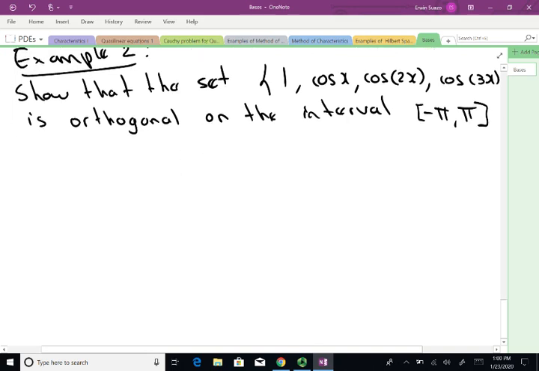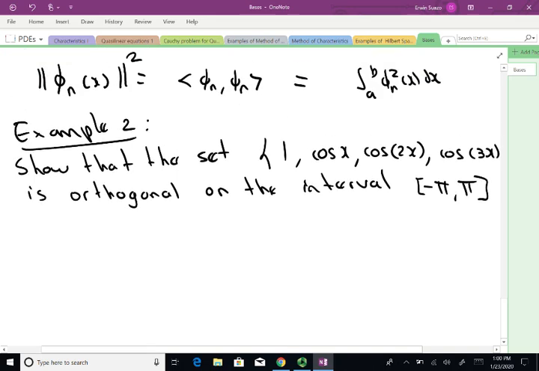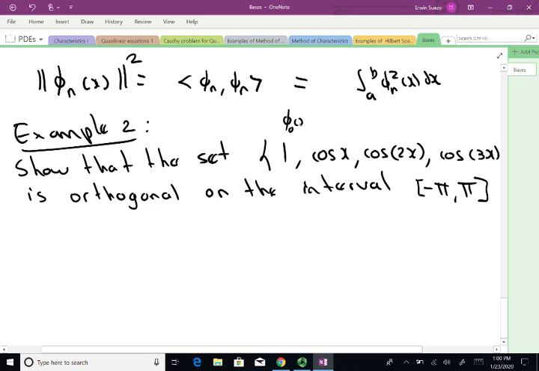Okay, so we have to do cases. Case 1. This is phi 0 of x, this is phi 1 of x, phi 2 of x, and so on.